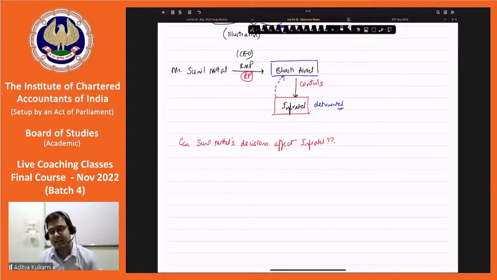Therefore, Mr. Sunil Mittal is in a position to influence Infratel's operations. He is in a position to decide what is beneficial not only for Bharti Airtel, but also for Infratel.